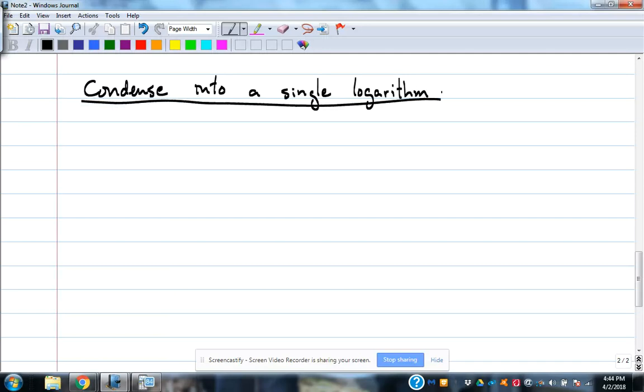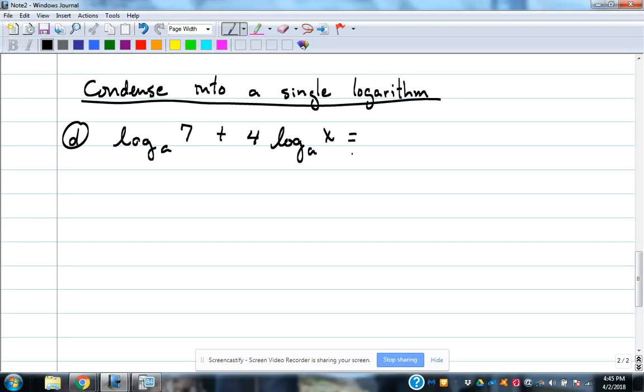Again, the base doesn't matter on this. We've got log base A of 7 plus 4 log base A of x. The only thing that has to be the same is the base on the logs to combine them back together.